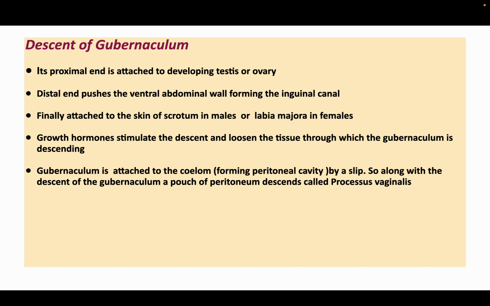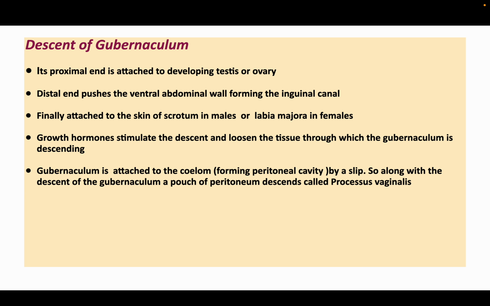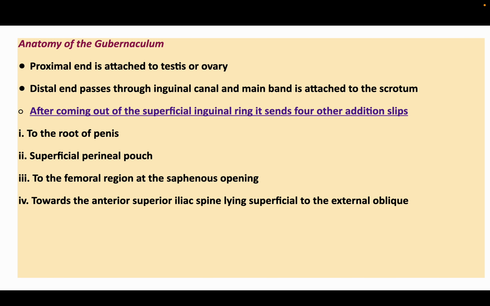This gubernaculum is attached to the coelom, forming the peritoneal cavity, by a slip. Along with the descent of the gubernaculum, a pouch of the peritoneum descends called processus vaginalis. In the previous diagram, you can see this fold of the peritoneum going along with the descent of the gubernaculum. This processus vaginalis forms a double layer, the tunica vaginalis, around the testis. So this is how the descent of the gubernaculum happens.